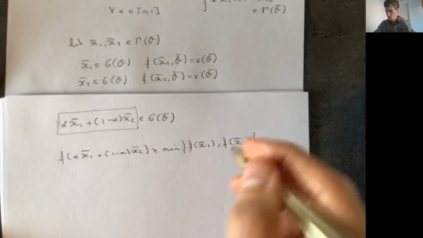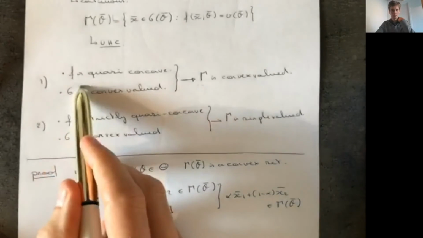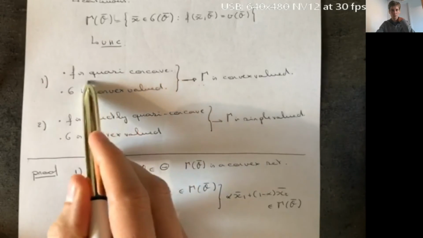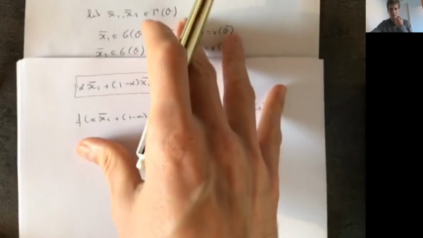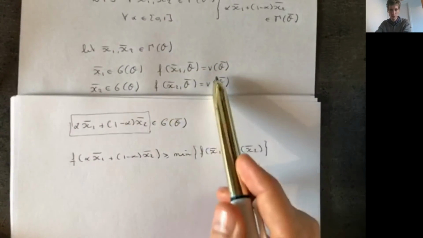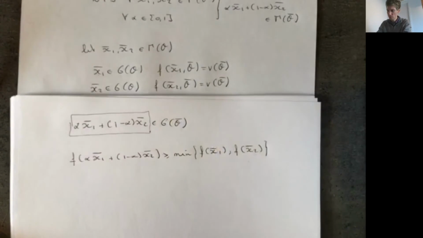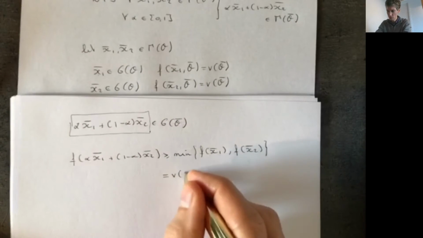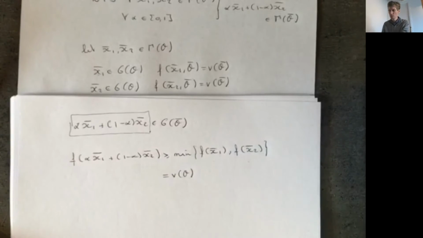This follows from quasi-concavity of the function f. However, we know that the first is equal to v of theta, and the second one is equal to v of theta, so we know that this minimum is equal to v of theta.